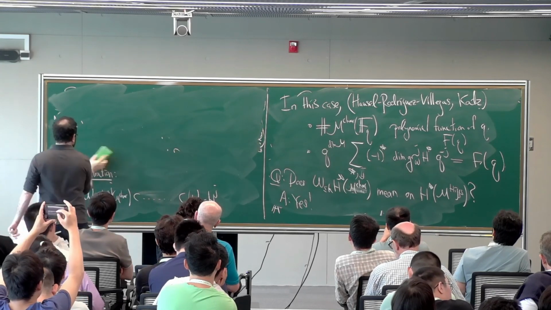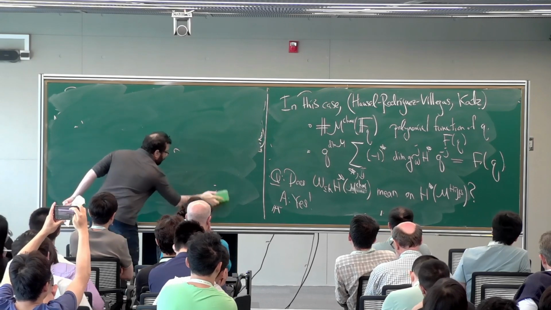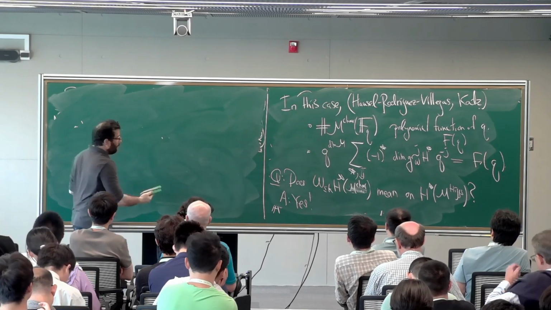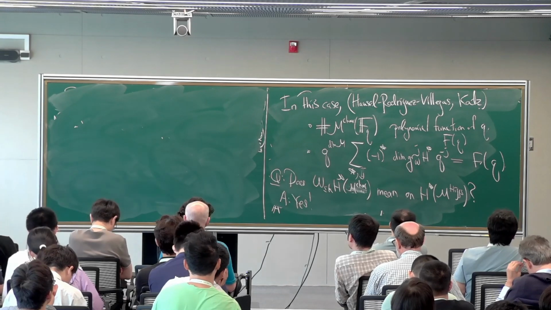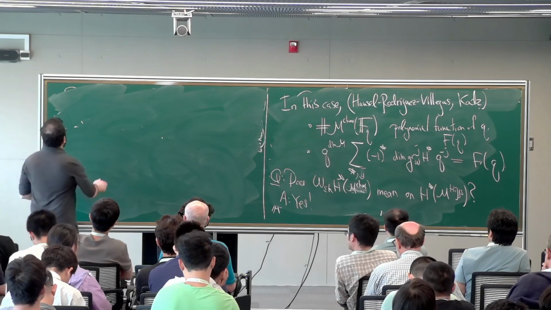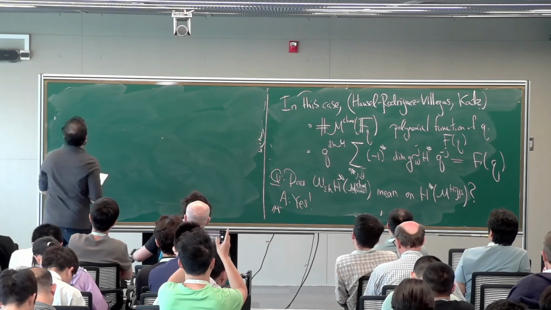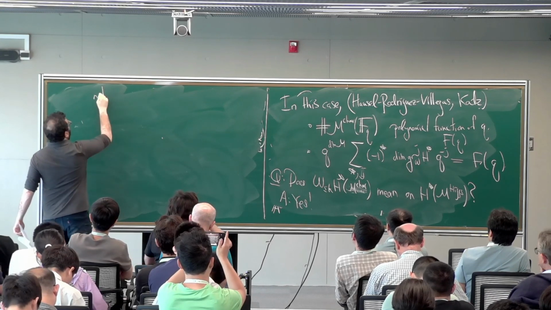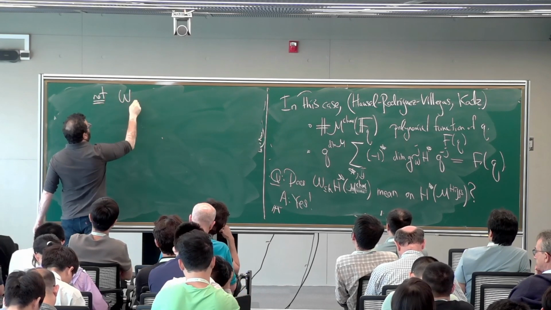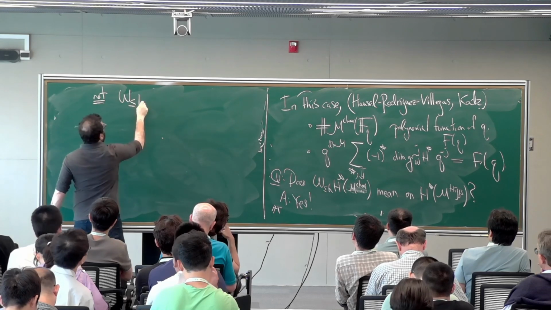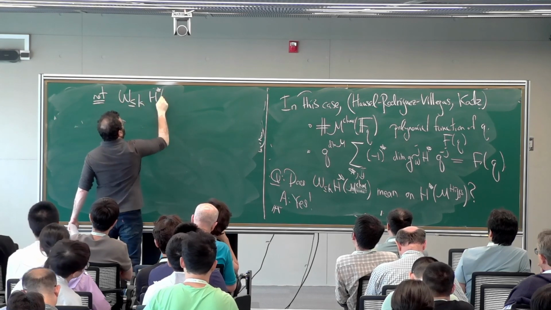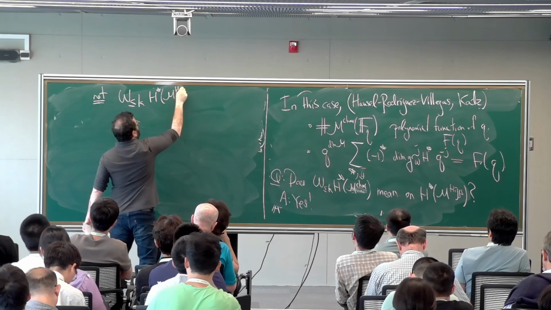So you could ask, maybe the first guess would be that it just corresponds to the weight filtration on the other side. Okay. So first, this is not the weight filtration on the Higgs moduli space.